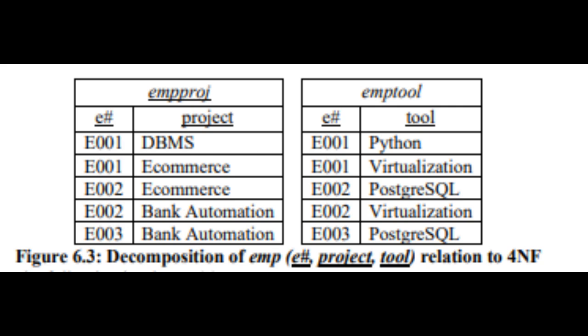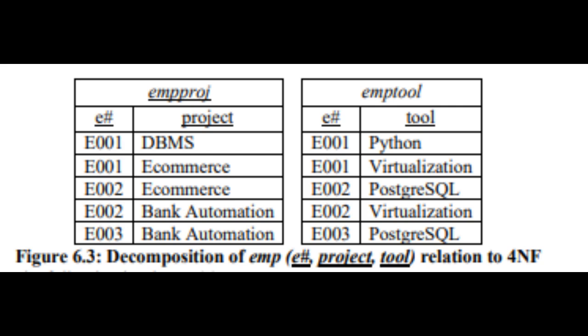In the next section, we discuss how MVD can be used to decompose a relation into fourth normal form. 6.3 Fourth normal form. In this section, first we define the fourth normal form, 4NF, and then present an example about how MVD can be used to decompose a relation to 4NF.